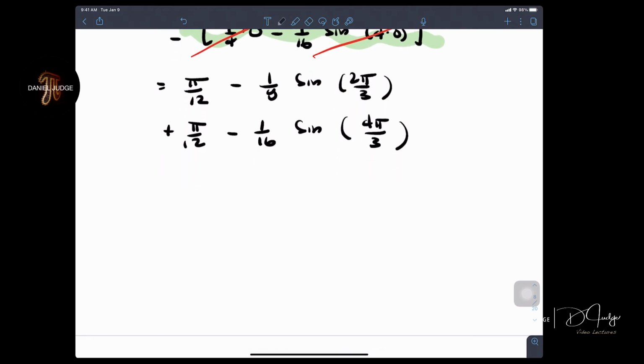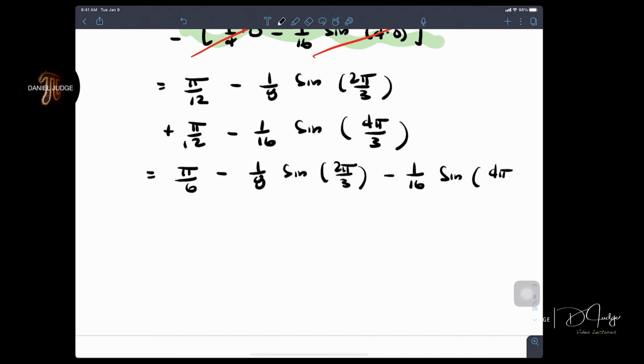So if I combine my pi over 12, 1 pi over 12, 2 pi over 12, it looks like you'll get pi over 6 minus 1/8 sine 2 pi over 3 minus 1/16 sine 4 pi over 3.